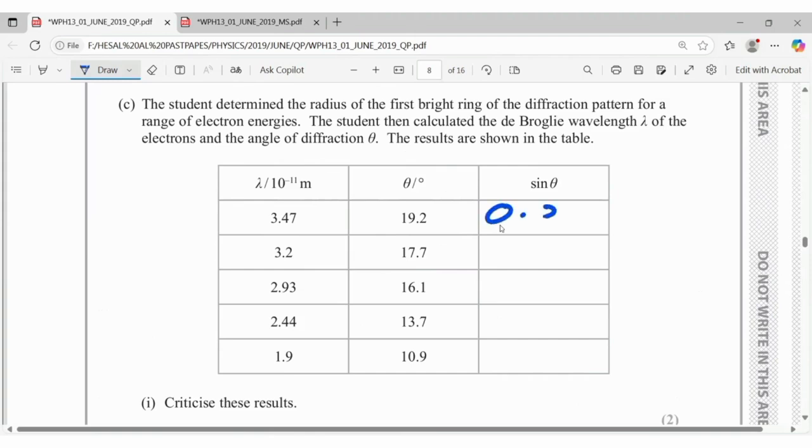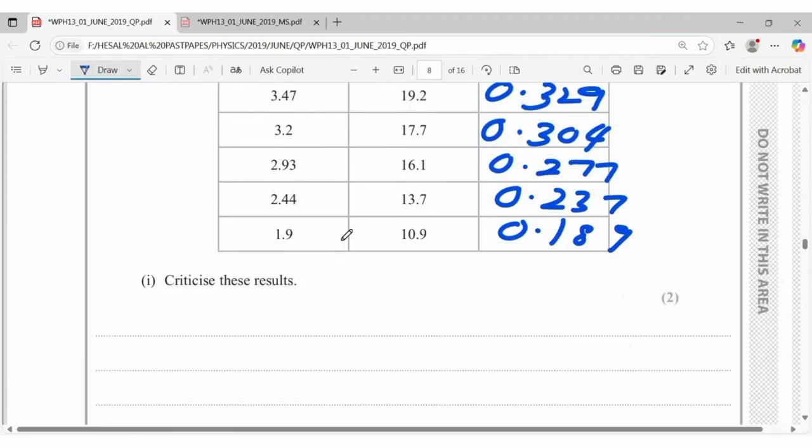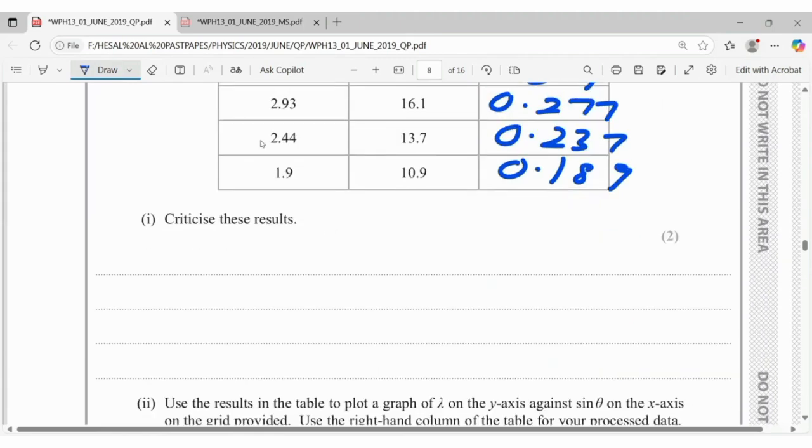I write down 0.3294 here, 0.304, 0.277, 0.237, 0.189. I will share the graph with you now.